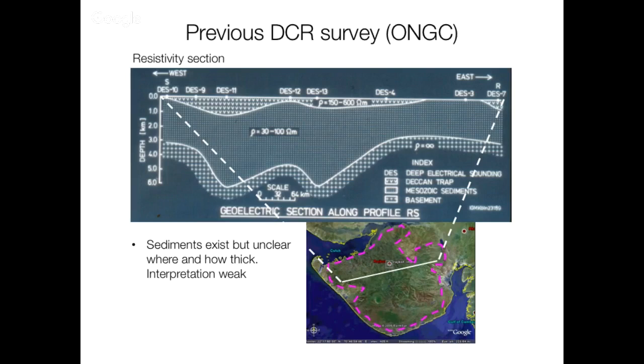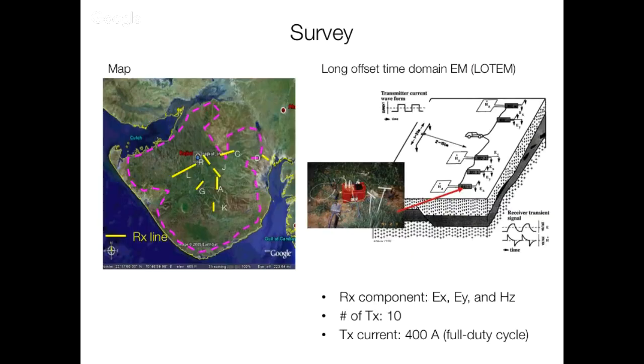So they did a DC resistivity survey across this part of India, interpreted that, and got a region of basalt, big sediments, and basement underneath. But whether the sediments under here really existed or how thick they were was kind of undetermined. So they decided to do something else: a low temperature, long offset time domain method.